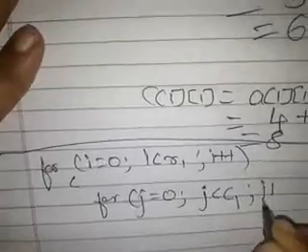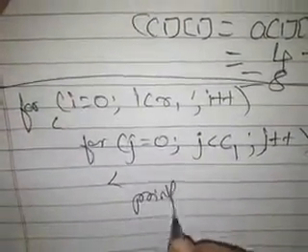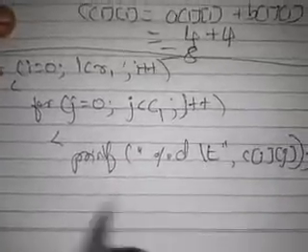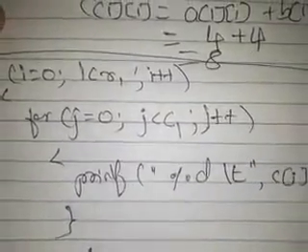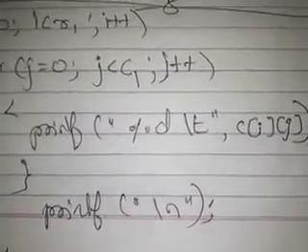How to print? Very simple. Printf, print in a particular matrix format. I have told you in the previous example itself how to print in the matrix format. This inner for loop should have a printf statement with a particular \t. Once the inner for loop becomes false, I should have a \n. Why? Because I should go for a new row. So this is the printing of the resultant matrix.